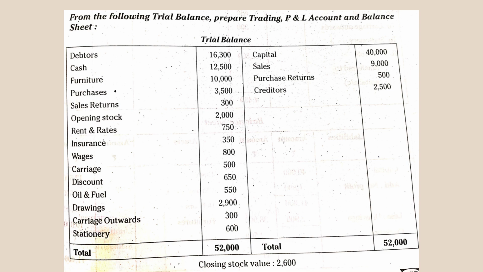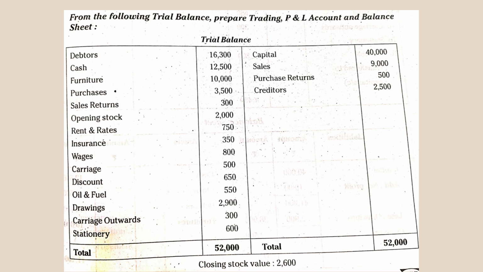Let's start. Debtors 16,300 is given, which is an asset. Cash, asset. Furniture, asset. Purchases, trading account. Sales returns, trading account. Opening stock, trading account. Rent and rates, P&L account. Insurance, P&L account. Wages, trading account. Carriage, trading account. Discount, P&L account.